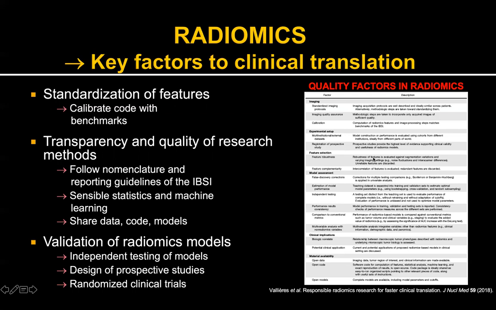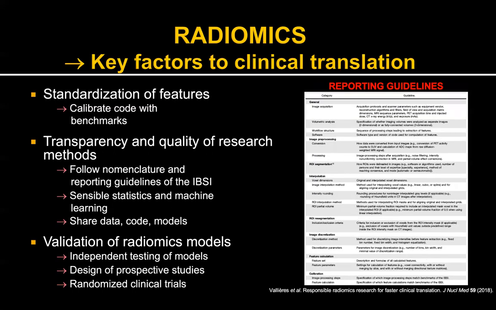So there's different quality factors associated to radiomics studies, radiomics analyses. I invite you to read this paper here, which describes them in more detail. Different things that we need to report when we do radiomics studies and we publish in the literature so that others can reproduce our work, basically.